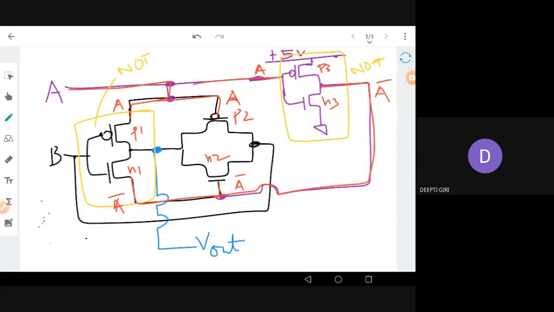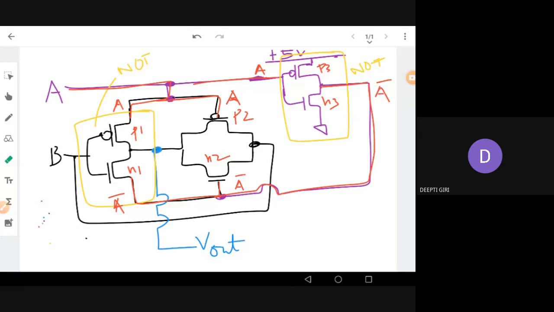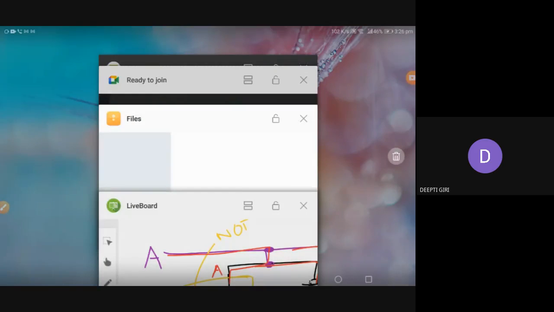Okay, so let it stay on. By the time, we can discuss one more circuit which I shared with you in the Google Classroom. So there's also some issue. So by the time, we'll discuss the other circuit.